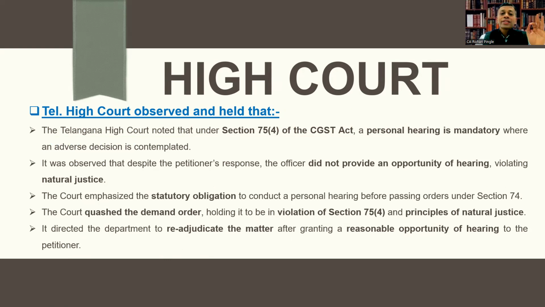The court emphasized the statutory obligation to conduct a personal hearing before passing orders under Section 74. The court quashed the demand order, holding it to be a violation of Section 75 subsection 4 and principles of natural justice. It directed the department to re-adjudicate the matter, granting a reasonable opportunity of being heard to the petitioner.